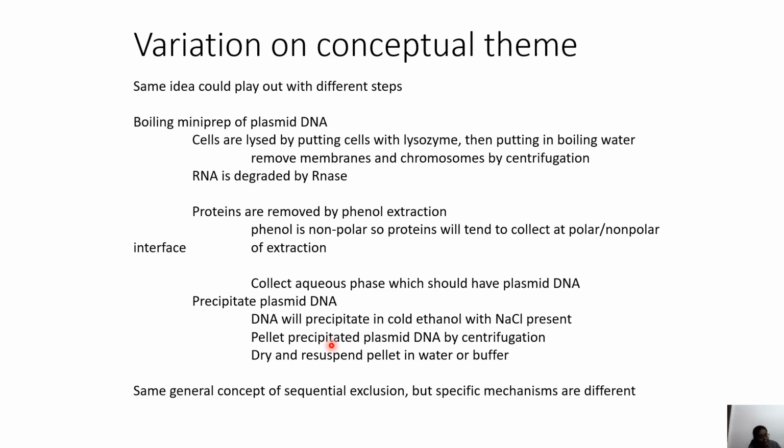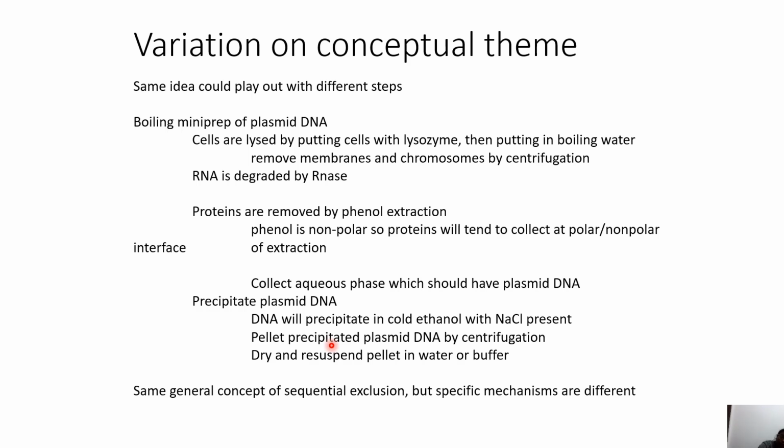So this can play out in various ways with different steps. Okay, cells can be lysed by treating cells with lysozyme, then putting them in boiling water, then removing membranes and chromosomes by centrifugation. RNA is degraded by RNase. Proteins are removed by phenol extraction. Phenol is nonpolar, so proteins will tend to collect at the polar-nonpolar interface of the extraction.